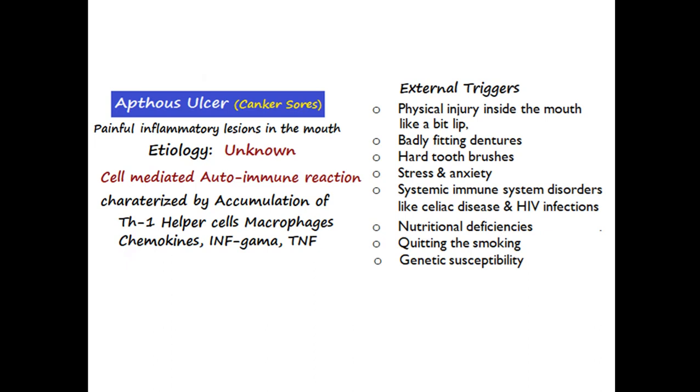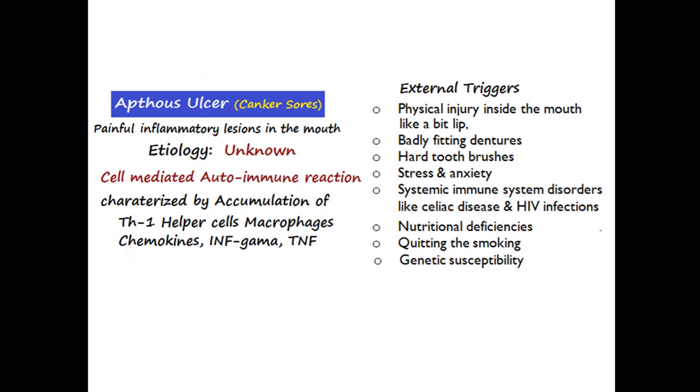Now, as I said, the exact etiology of the Aphthous ulcers is not known, but we know some external triggers that promote Aphthous ulcers and may be the cause of them. For example, physical injury inside the mouth, like a bad bite. When we eat, sometimes we may cut our tongue unintentionally, we may cut the inside of the cheek unintentionally.